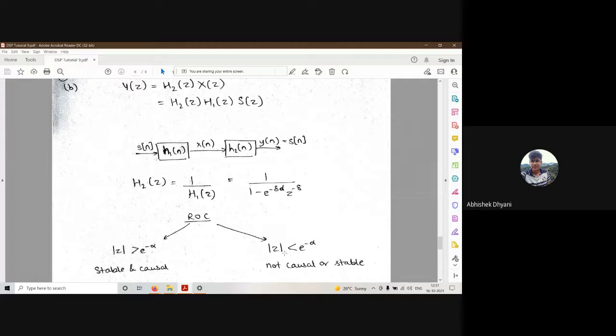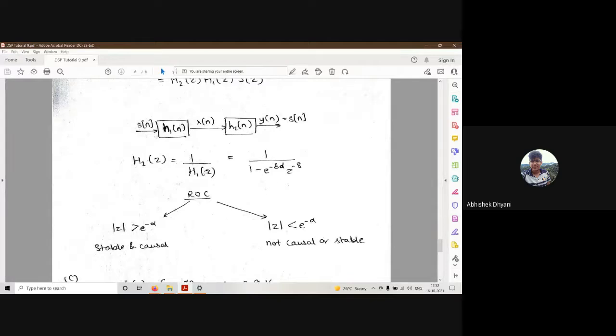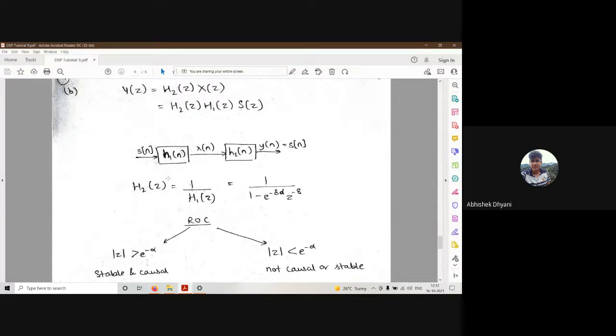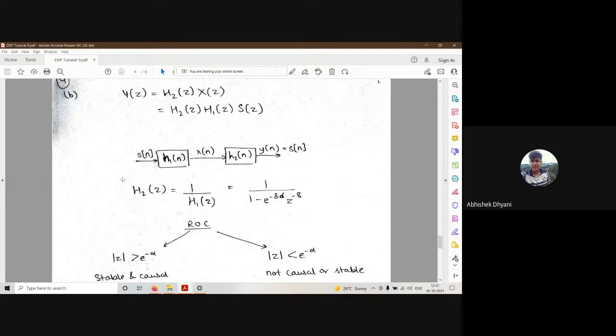I can also take mod z less than e raised to the power minus alpha as the region of convergence, but the solution I will get is neither causal nor stable. These are the two possibilities, and this was part 2. So this should be the inverse of H1(z), simply the reciprocal.